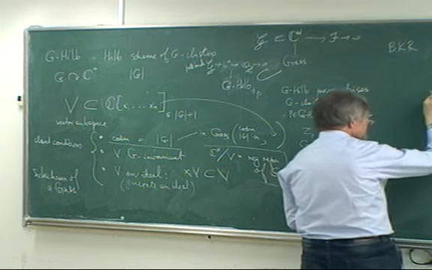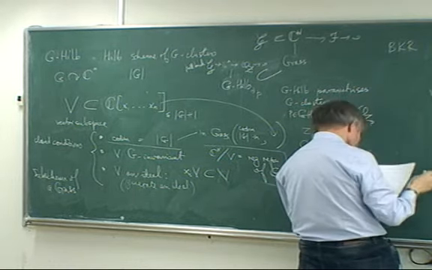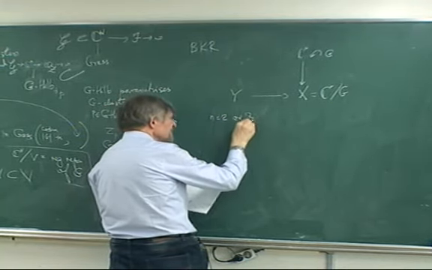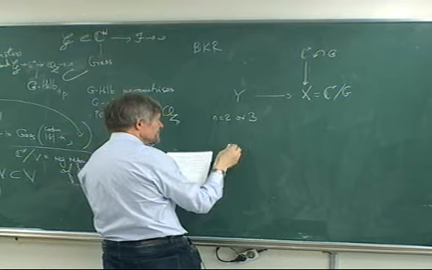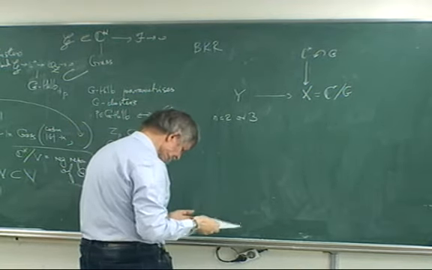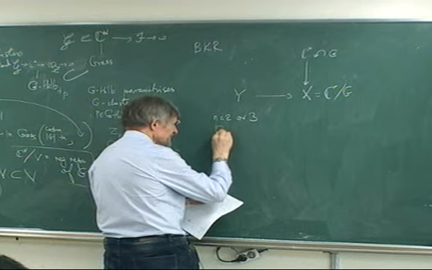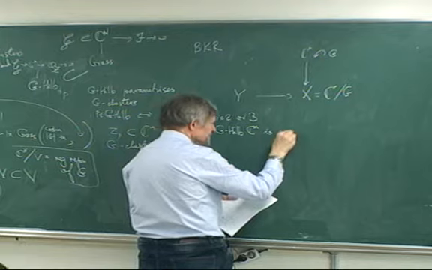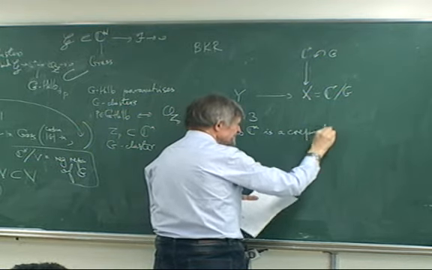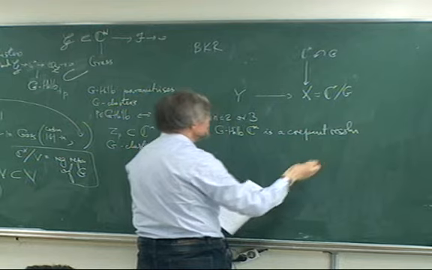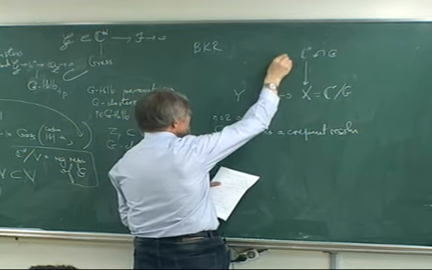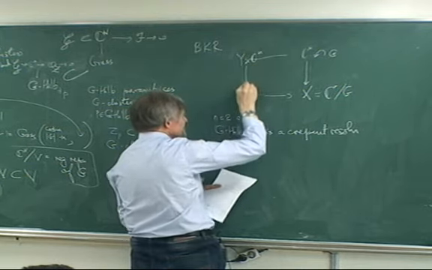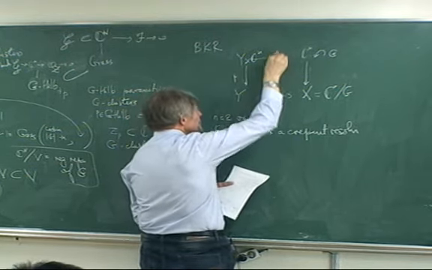And here I've got Y. So when n is 2 or 3, BKR proves that G-Hilb of Cn is a crepant resolution. Right. So with this diagram, we really want to write down Y cross Cn and think of its two projections, P and Q.